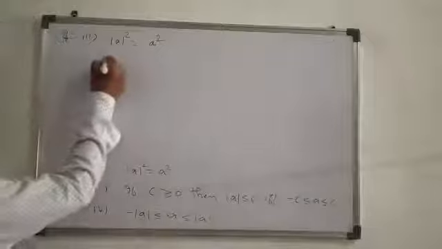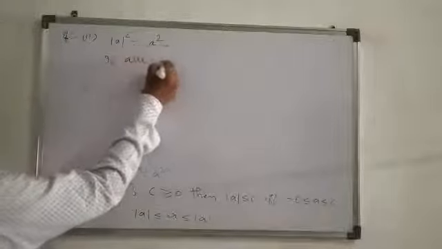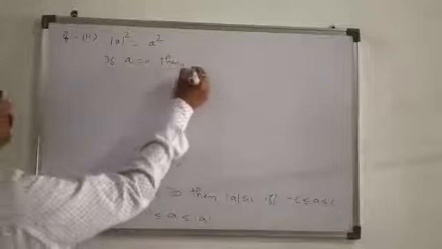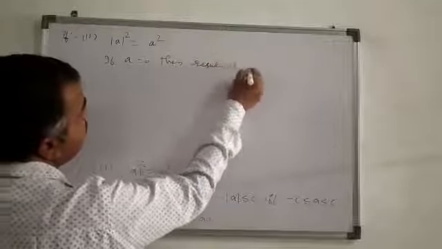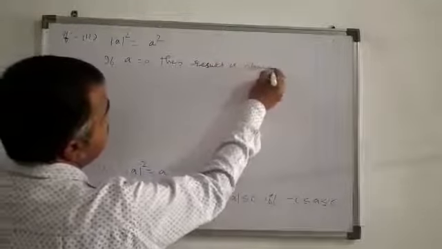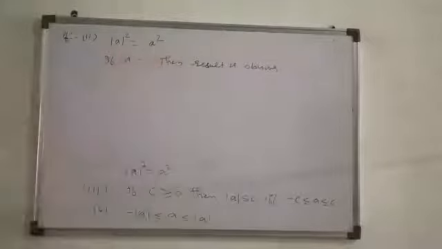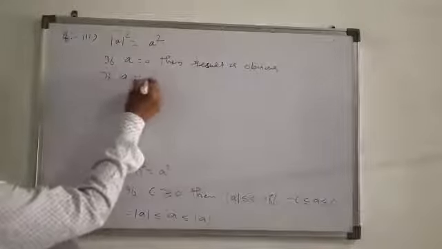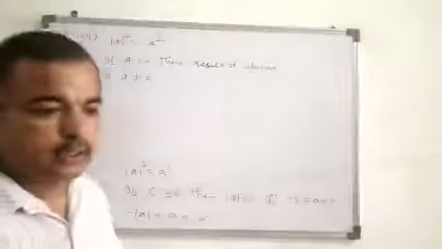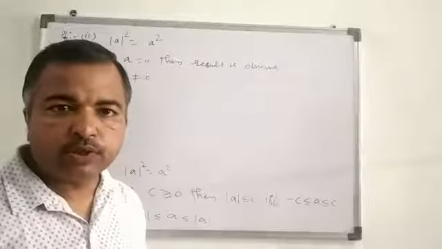Now, if A is 0, then the result is obvious, because both sides we get 0, so the result is trivially true. If A is non-zero, we know that the square of every non-zero real number is positive.